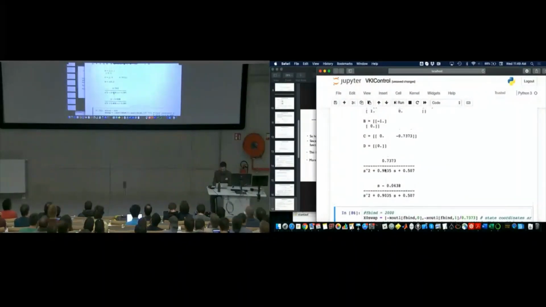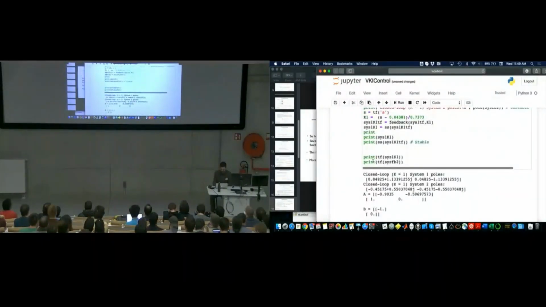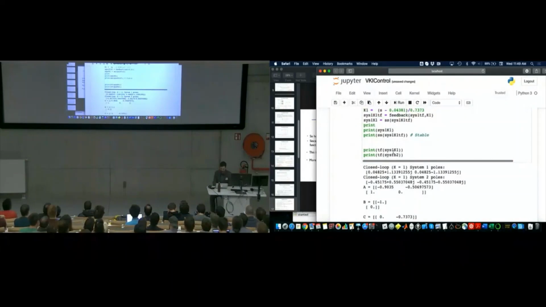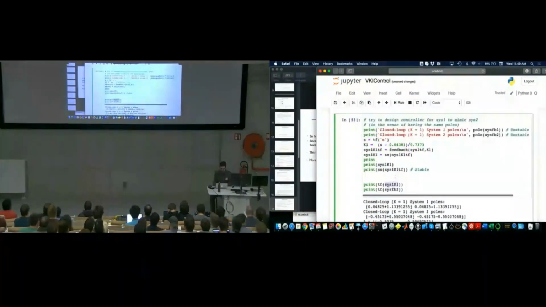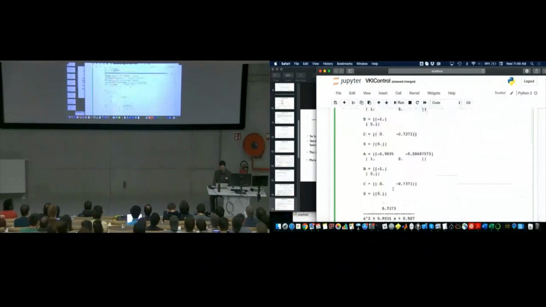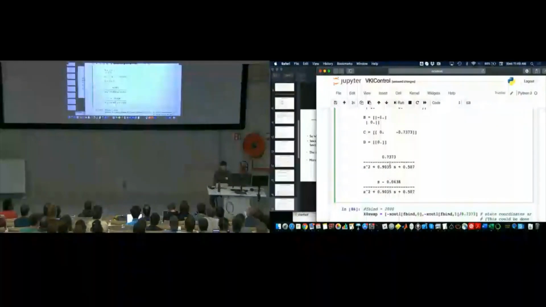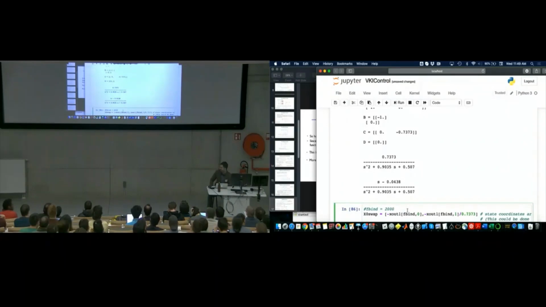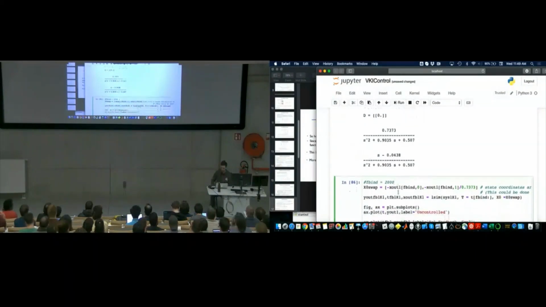At the end of the day, if I look at my transfer function between my new controlled System 1 and the controlled System 2 with k equals 1, down the bottom here, I see that they have the same denominators. So the numerators are still different, but at least I've managed to put my poles where they'll be stable.